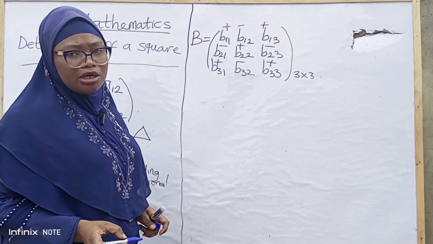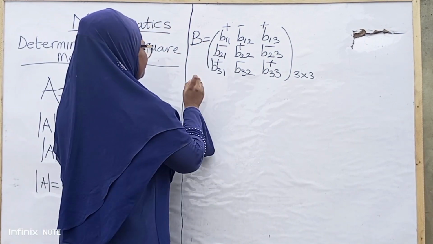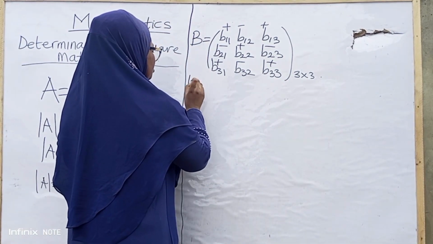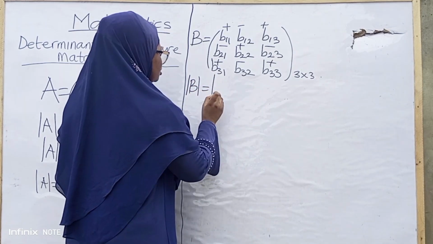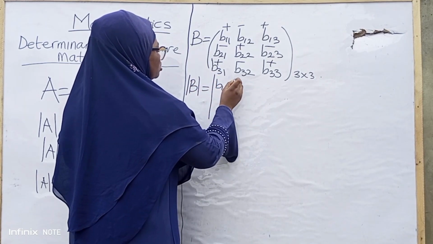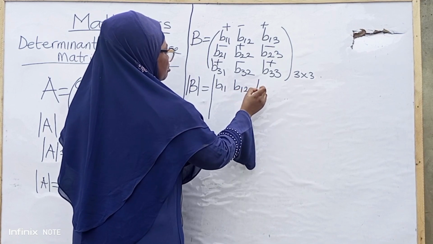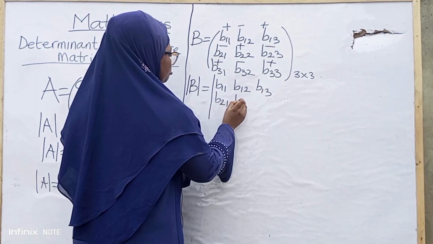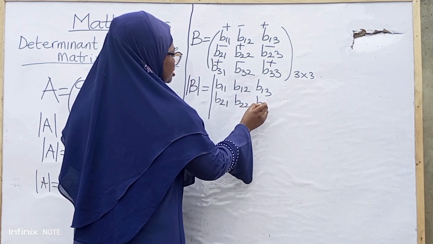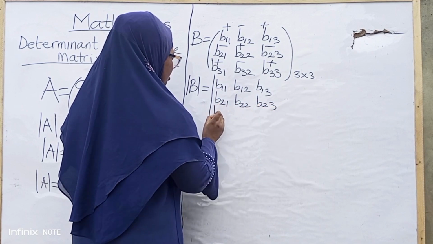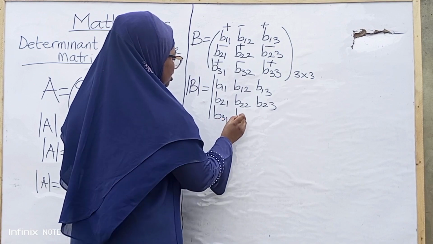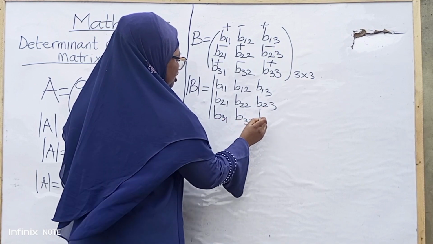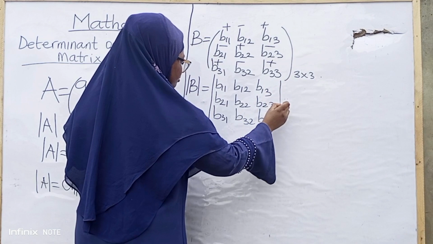So now we are finding the determinant of this one. It becomes the absolute value of B11, B12, B13, B21, B22, B23, B31, B32, B33.